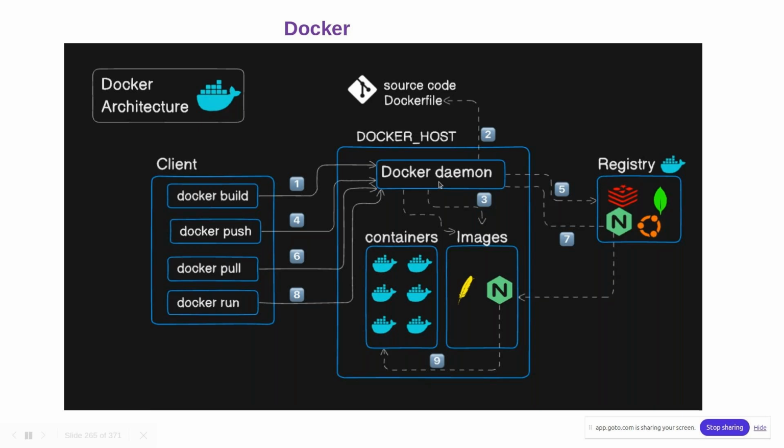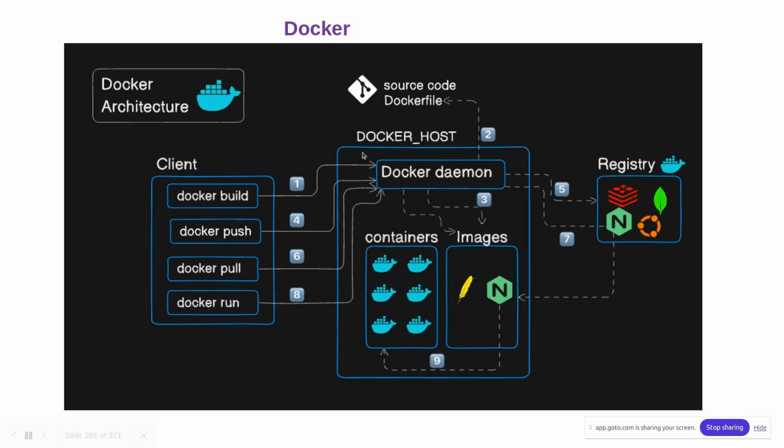Once we build it, see the first step. That is the Docker daemon, the service that will be running on the Docker system. This Docker daemon will build the image, and that image will be running on the Docker host. In our example, let's consider the client and host to be the same.